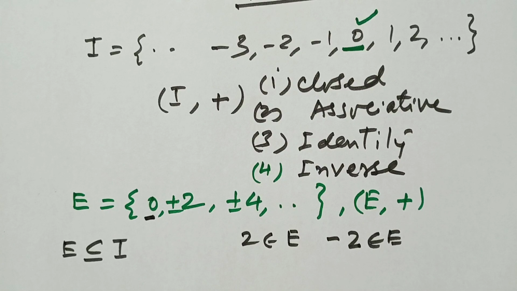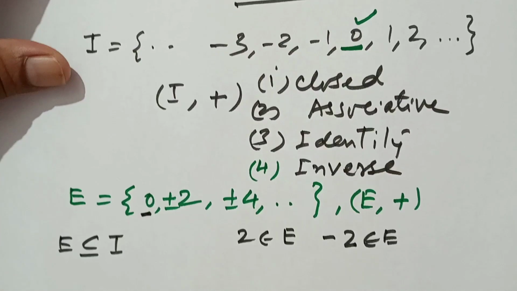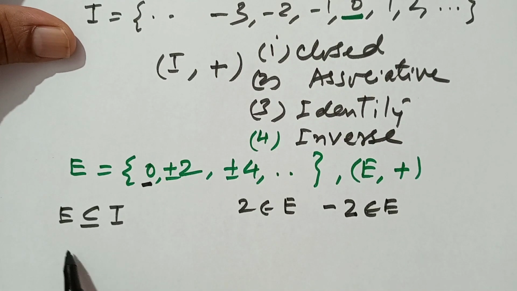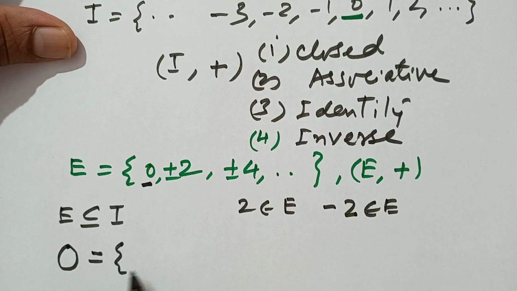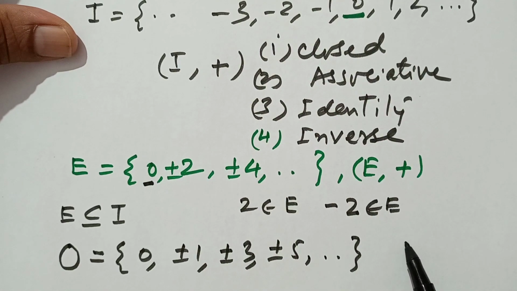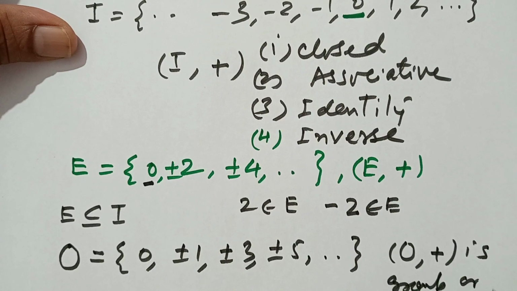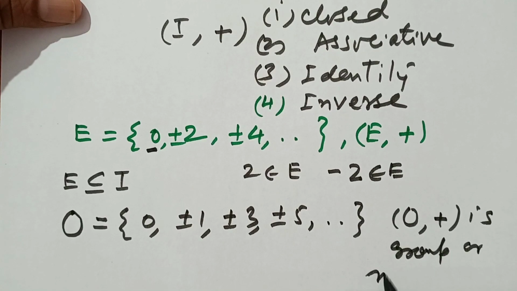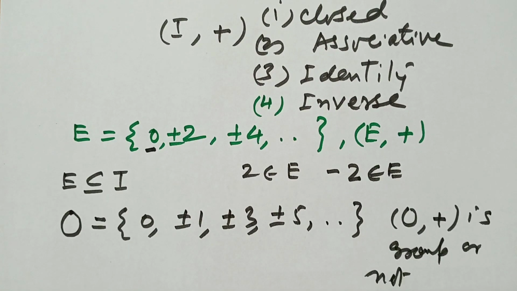Now this is another example. Take the set of odd integers, meaning plus minus 1, plus minus 3, plus minus 5. First you check whether the set of odd integers with respect to addition is a group or not. The first property is closure.